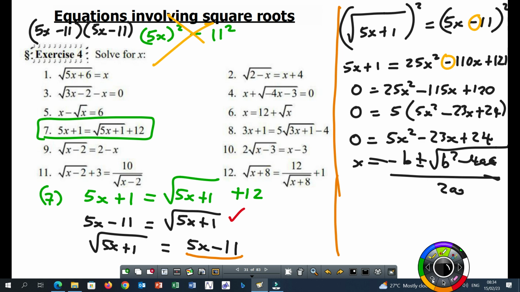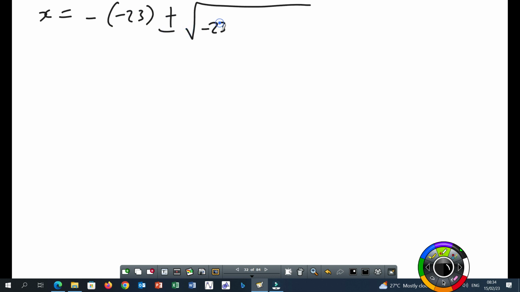Any question? So, let's do the substitution. So x will be minus 23 plus or minus the square root of minus 23 squared minus 4 times, okay, the constant is 24.